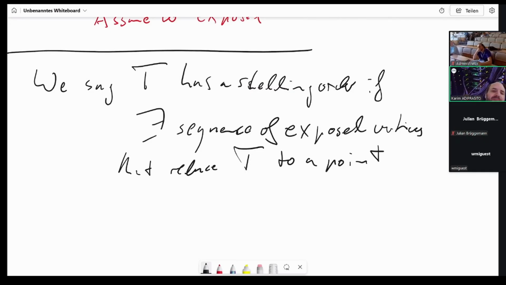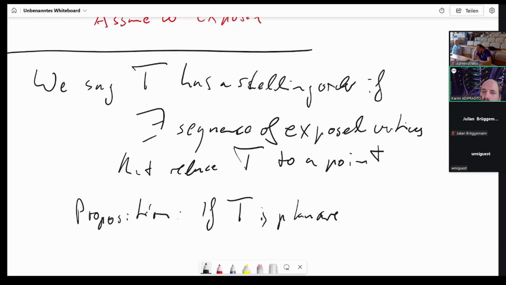And the first nice thing that one can note is a proposition: if T is planar, it always has a shedding order.